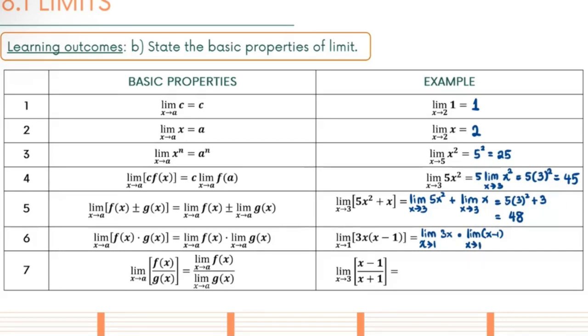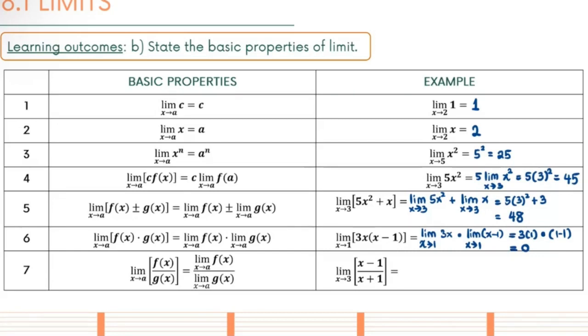So sebenarnya ini pun kalau nak pisahkan dia pun tak ada masalah. Tapi saya tak buat lah. Okay, now bila kita pisahkan, gantikan 1 dekat x ini dan 1 juga dekat x ini. So it will be 3 multiply by 1 darab dengan 1 minus 1. 1 minus 1 dapat 0 kan. So automatic 3 darab kosong dapatlah kosong.